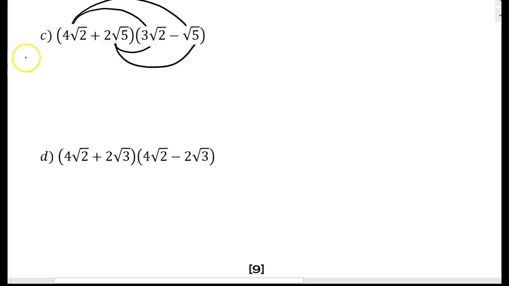For C and D, we're using that same distributive property, but it's two binomials, or two-term multiplications. So we're essentially going to FOIL, just like we did with polynomials.